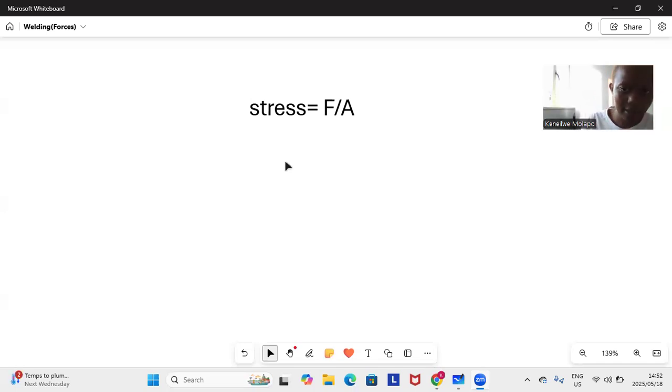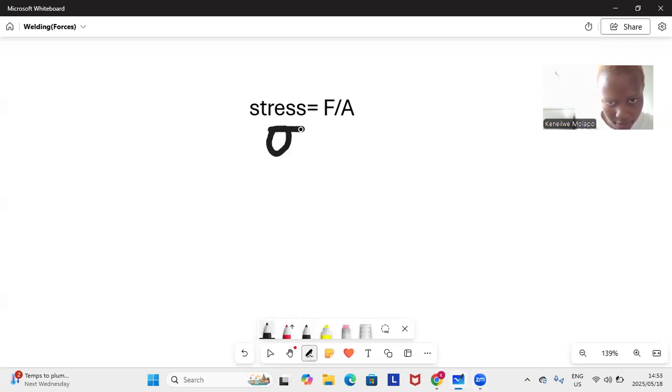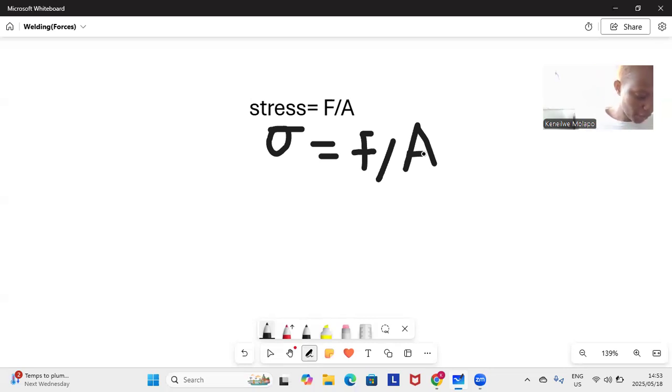So for stress, the formula is stress equals force over area. Since I explained those things at the beginning, you can understand the ones for forces.